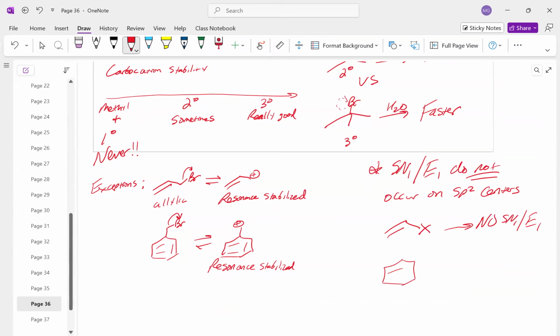If it's on benzene, no SN1 or E1 occurs. And I want to emphasize that with all of the reactions we talked about in this unit. Nucleophilic substitution and beta elimination do not occur on sp2 or sp hybridized centers. We're just focusing on leaving groups that are on sp3 hybridized carbons.